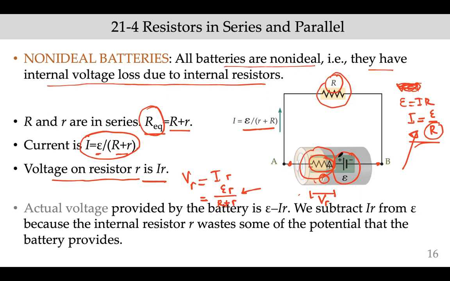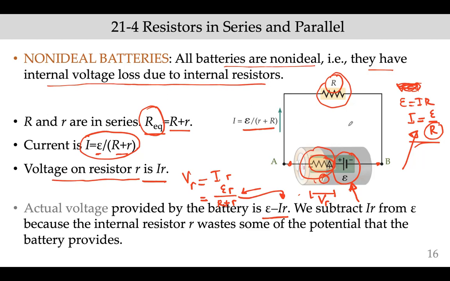Now this voltage eats up some of the voltage that's produced by the battery, right? So the battery cannot provide you epsilon, but it will only provide you epsilon minus Ir. And again, Ir is the voltage taken by this internal resistance.